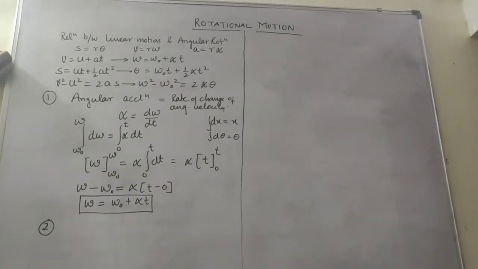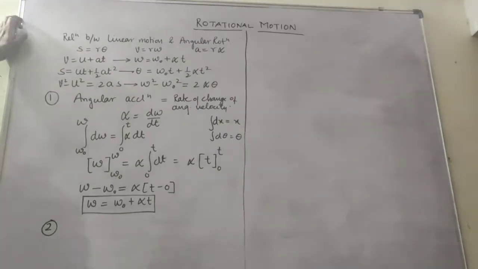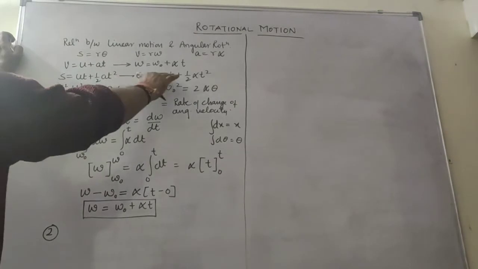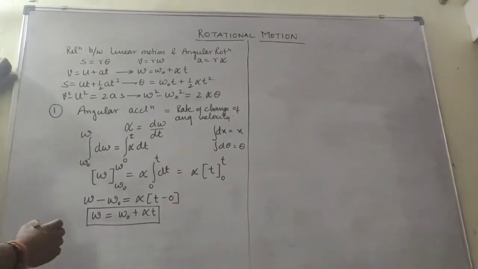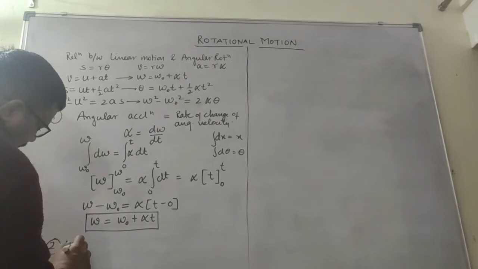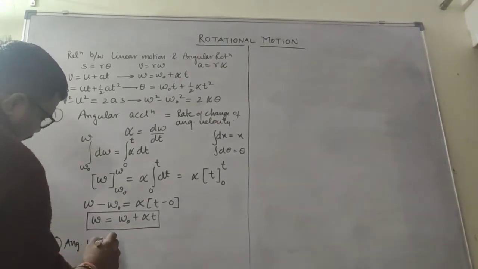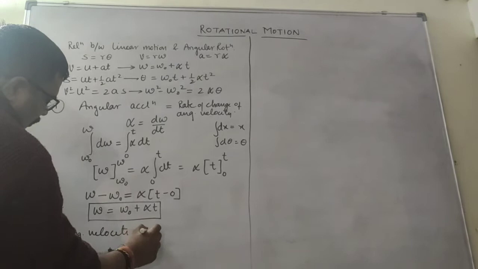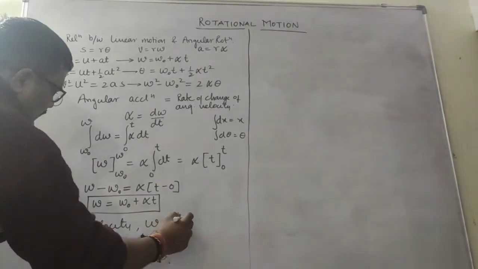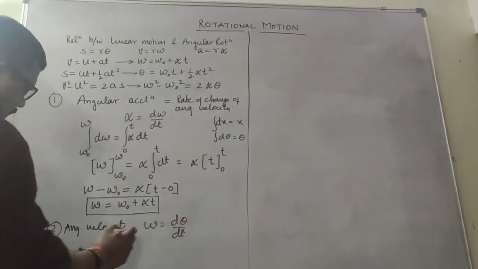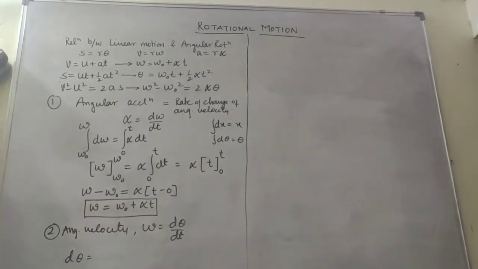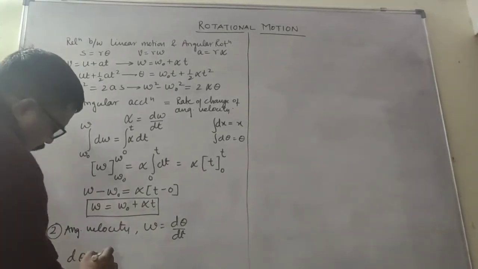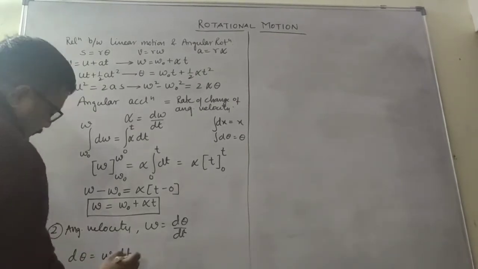Second, S is equal to ut plus half at square will be changed into this. Now here I have to solve for displacement, so I will start with angular velocity. Omega is equal to d theta by dt. So d theta here is equal to omega dt.